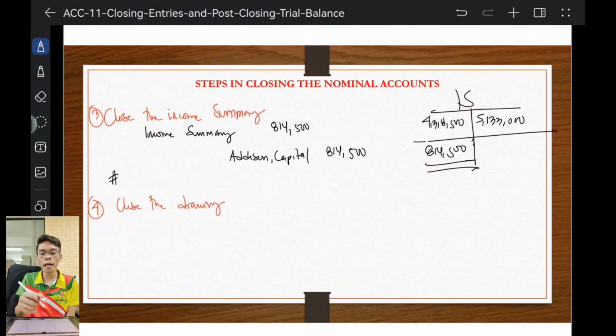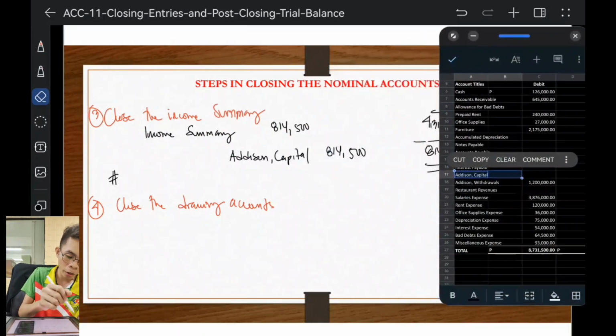So the drawing account, class, will not be closed to income summary, but rather it will be closed directly to your capital. Since drawing account is a contra equity account, the normal balance of a drawing is debit. In order for us to close the drawing account, we need to credit it.